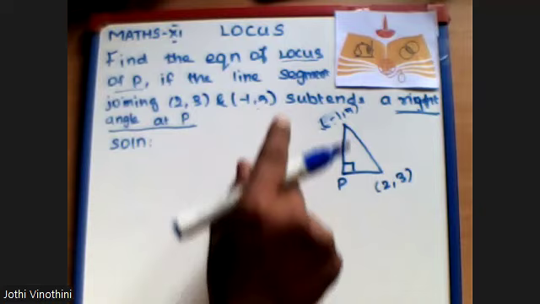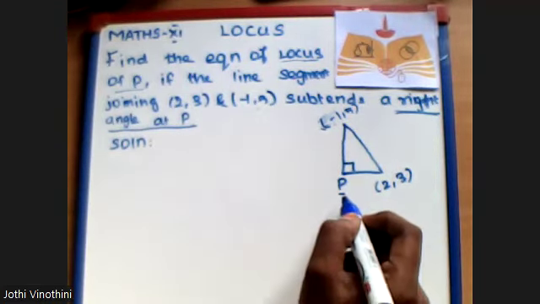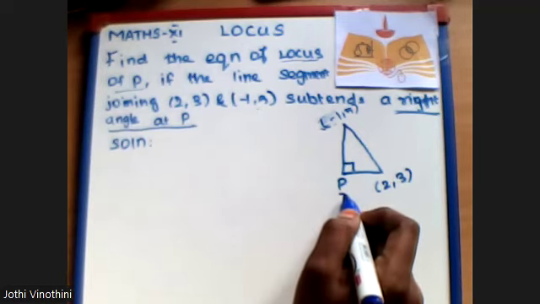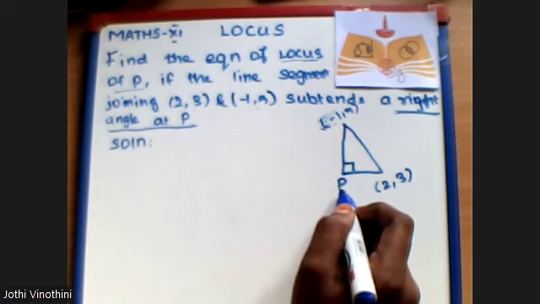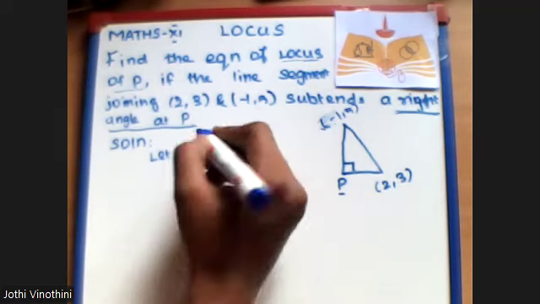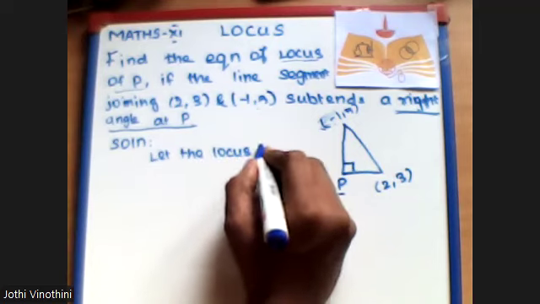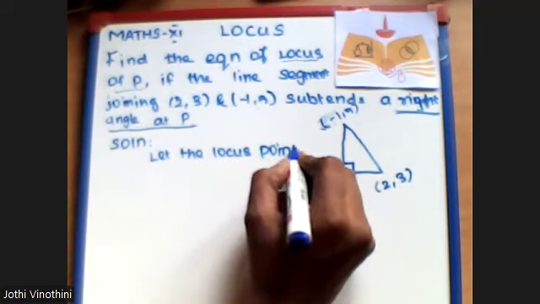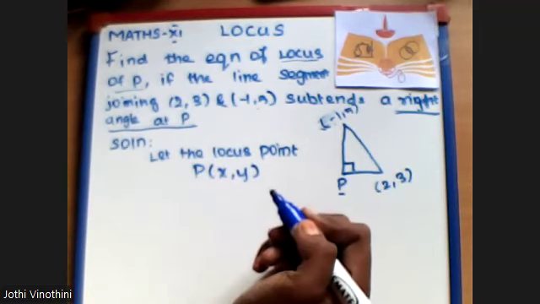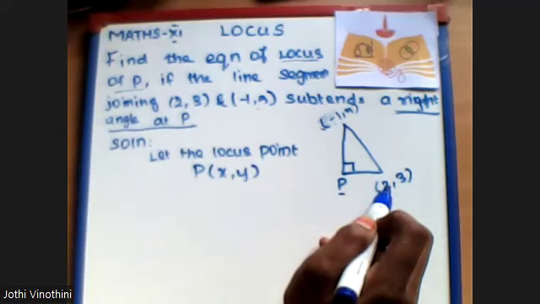In order to find the locus, we have to imagine coordinates for point P, like 2, 3. So I will let the locus point P be x, y, right? They given 2 coordinates.